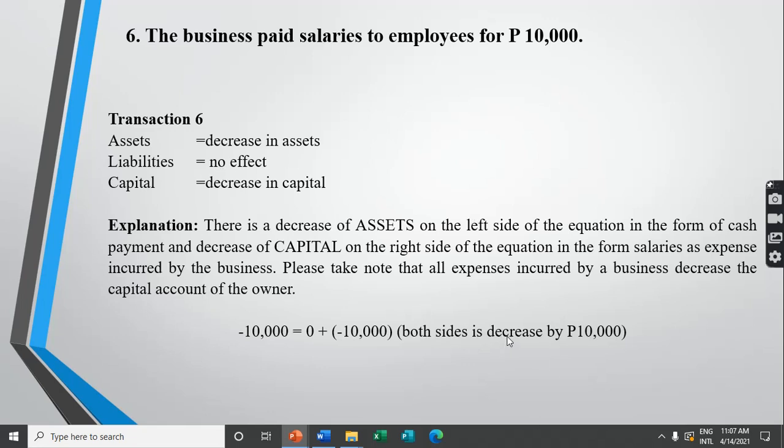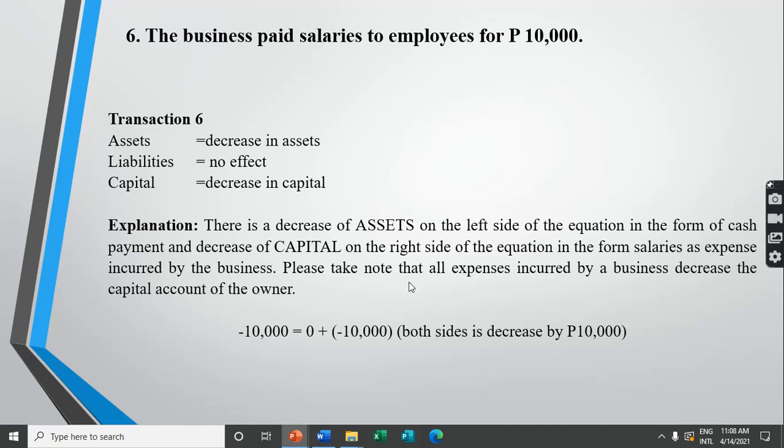Nag-decrease sila ng 10,000. So, there is a decrease of asset on the left side of the equation in the form of cash and decrease of capital on the right side of the equation in the form of salaries as expense incurred by the business.